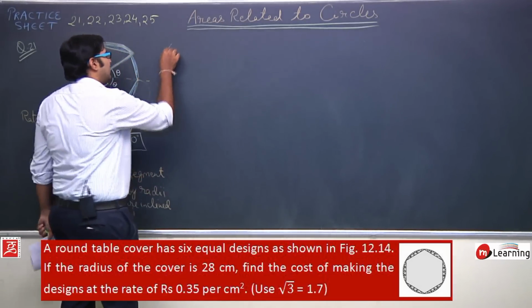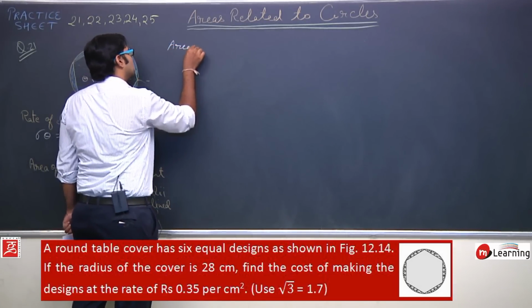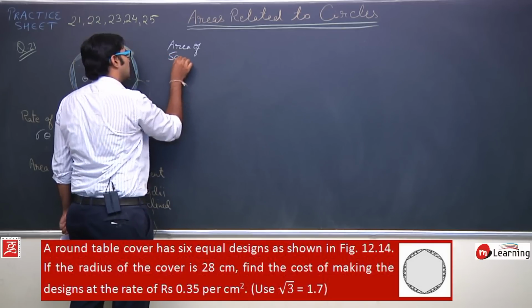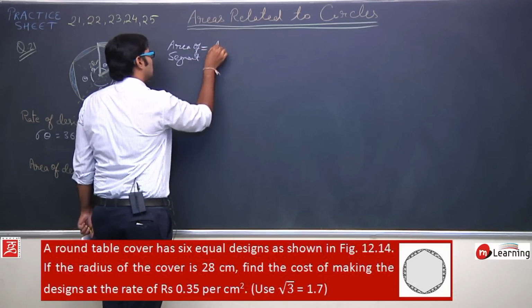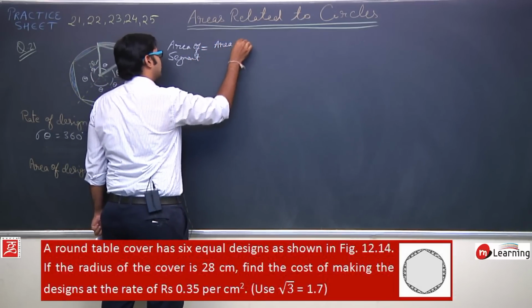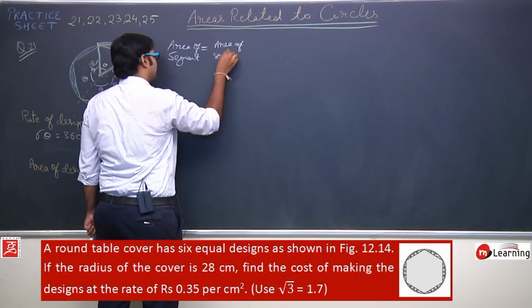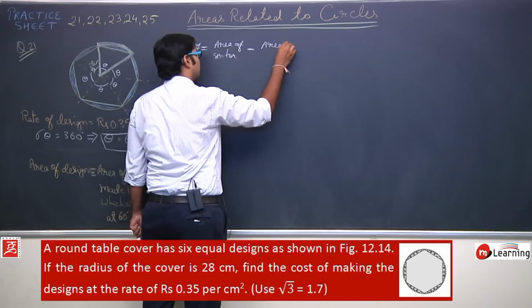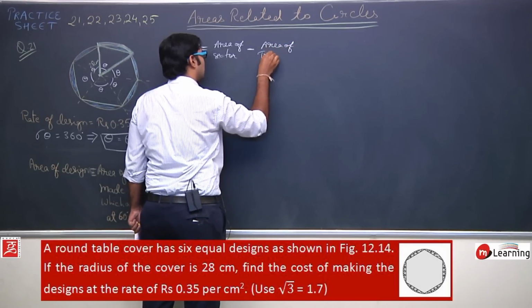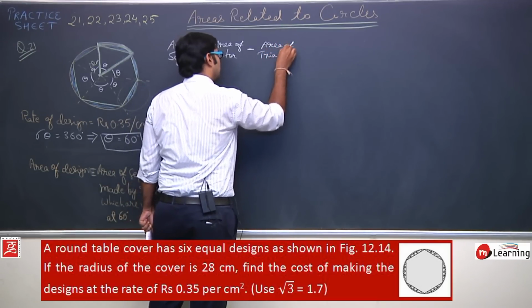So the area of segment is equal to the area of sector minus the area of triangle.